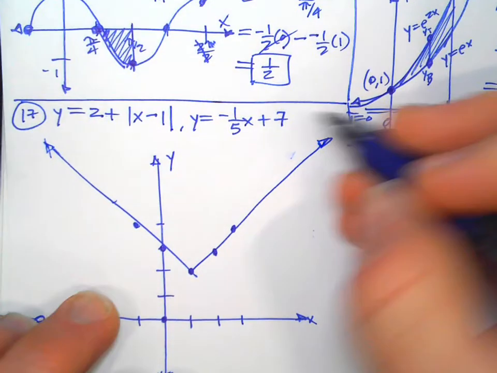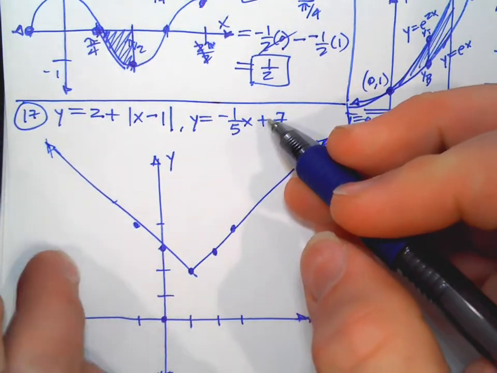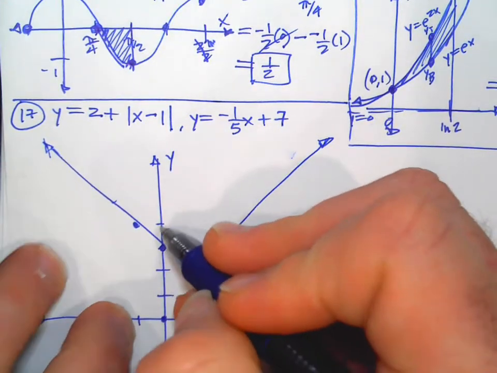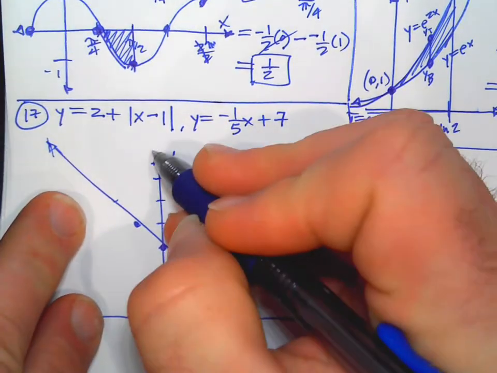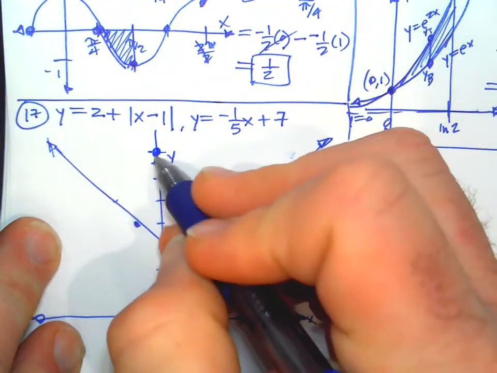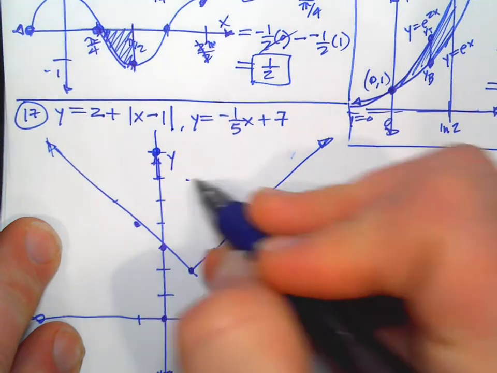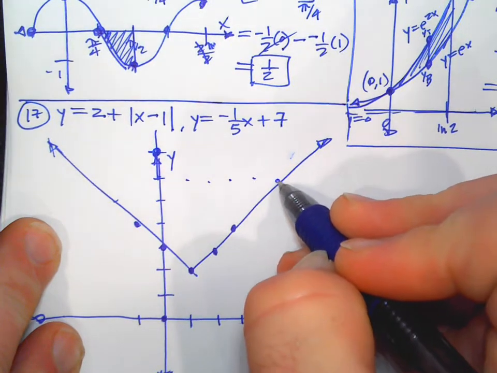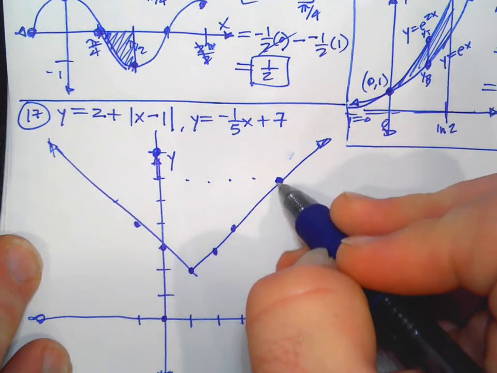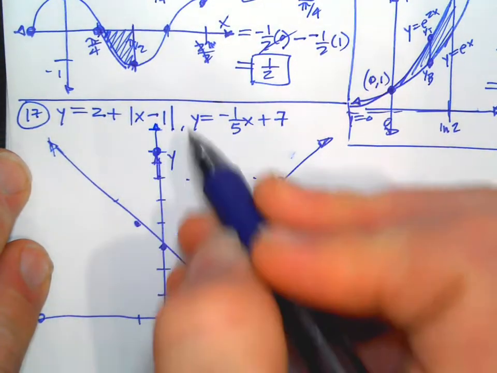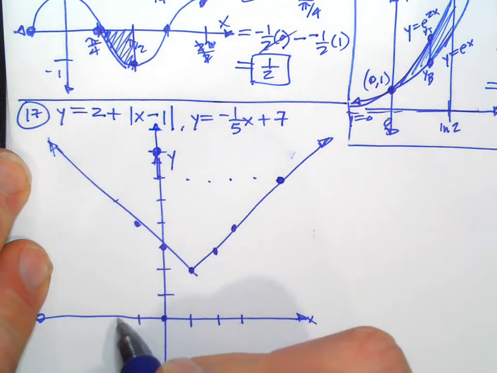And then this graph has a y-intercept of 7. 1, 2, 3, 4, 5, 6, 7. And it has a slope of negative 1/5. So it goes down 1 over 1, 2, 3, 4, 5. I think it might actually be at a nice dot there. And then it goes up. You could go backwards. You go up 1 over 5.